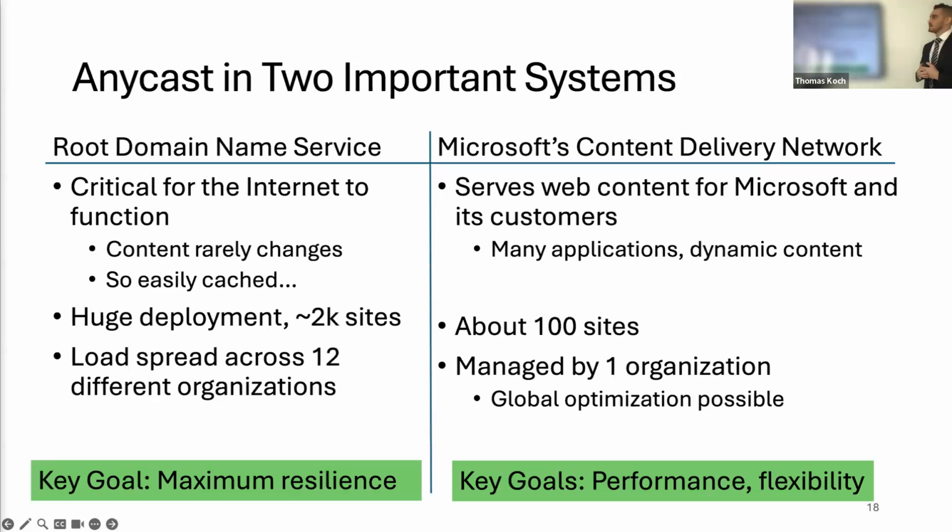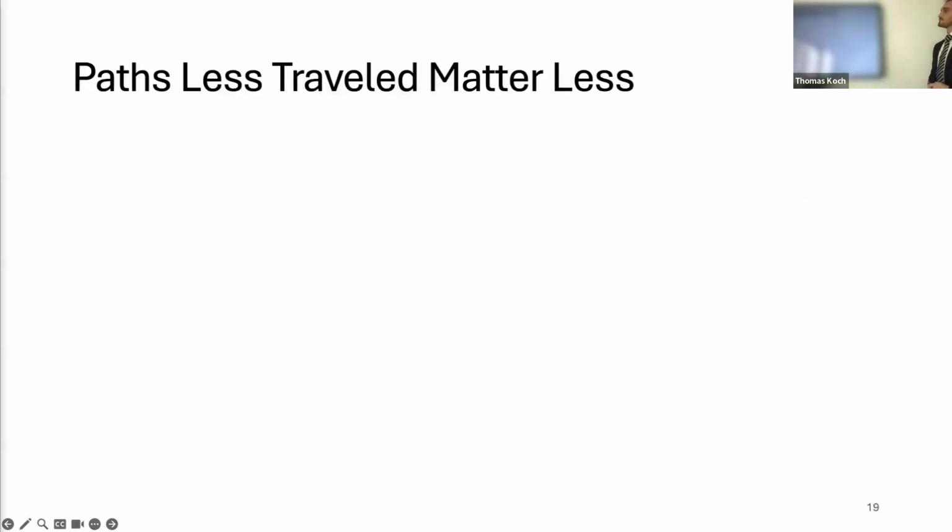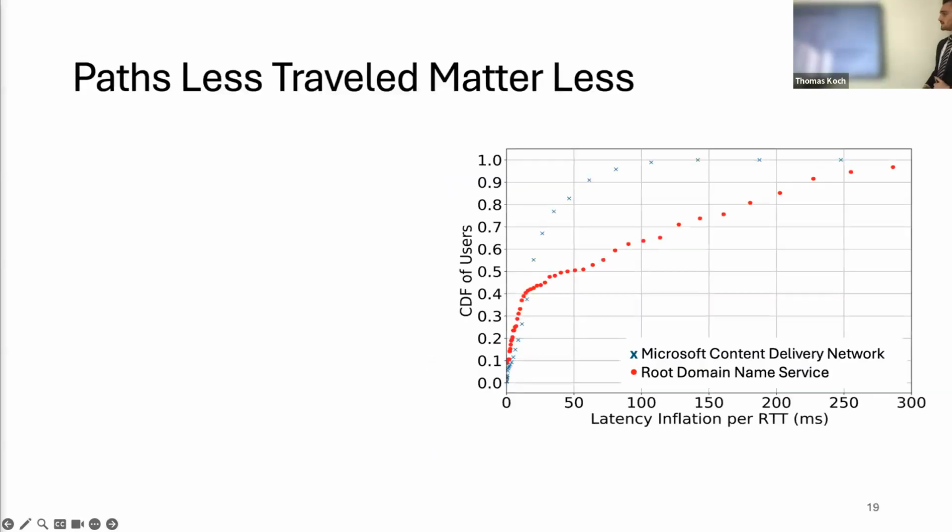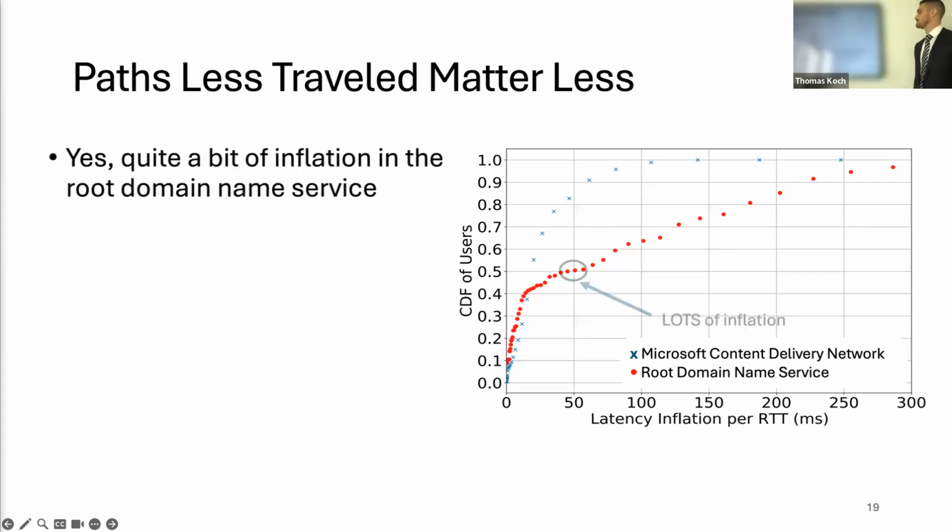But anyway, I went and looked at that metric, latency inflation, in both of these systems. And that's what I'm showing here. On the x-axis, I'm showing latency inflation measured in milliseconds. And on the y-axis, I'm showing a CDF of users all around the world. And so a way to read this point right here is that 0.5 or 50% of users experience more than 50 milliseconds of latency inflation.